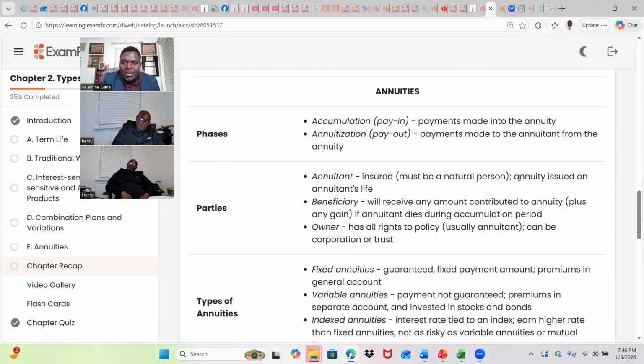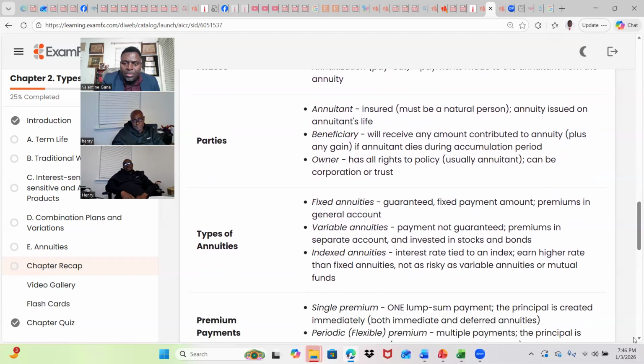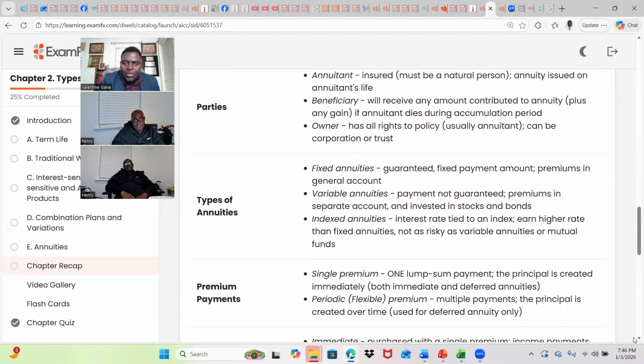Yes. But the difference about those types of annuity, like the one where they pay you an income stream, immediately you die, then the payment automatically stops. Correct. But the ones where you get a lump sum, it's like they've calculated it from beginning to end. Correct.